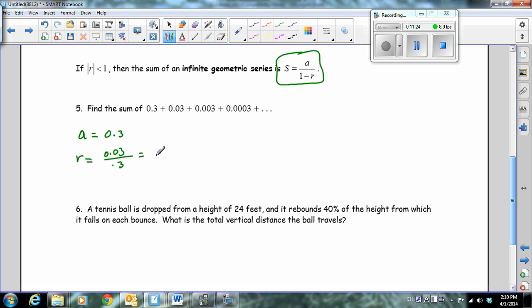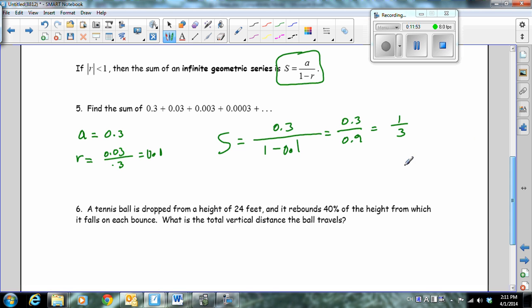And if you calculate this, you get 0.1. So S is equal to a, which is the first term, 0.3, over 1 minus 0.1. I'll put 0.1 here to make you understand that it's not just 1. Well, this is 0.3 over 0.9. And if you simplify this, you get 1/3.